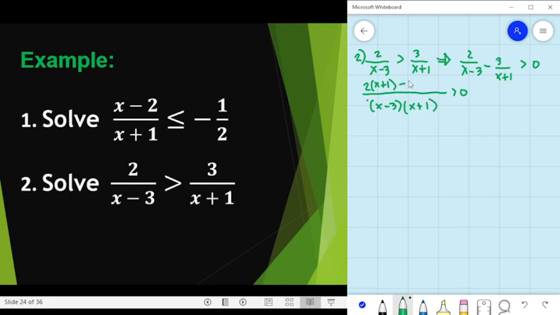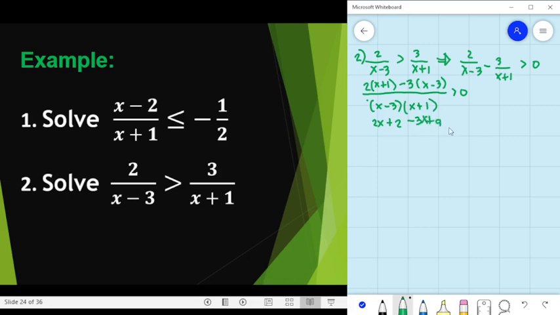So, negative 3 times quantity x minus 3 is greater than 0. Okay, from here, 2 times x is 2x. 2 times 1 is positive 2. The negative 3 times x is negative 3x. Negative 3 times negative 3 is positive 9.